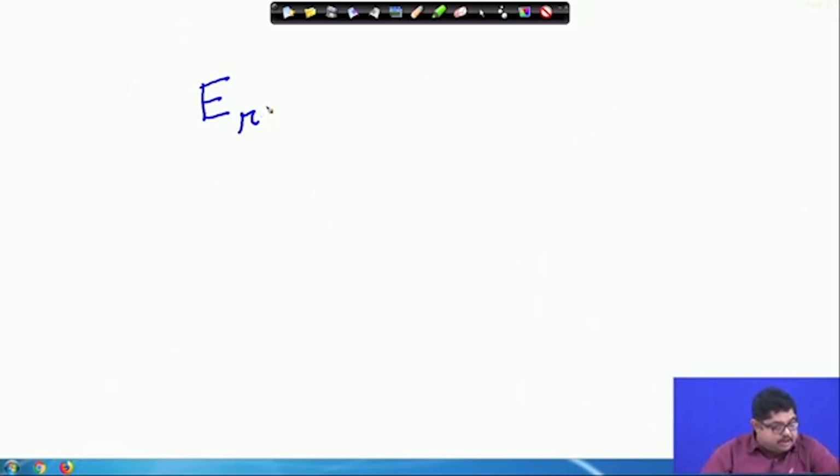The E r component is given by 2 times this expression.